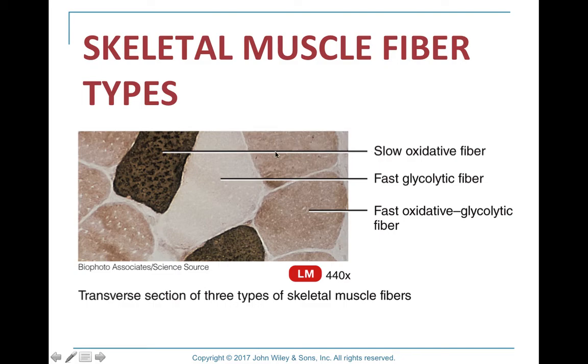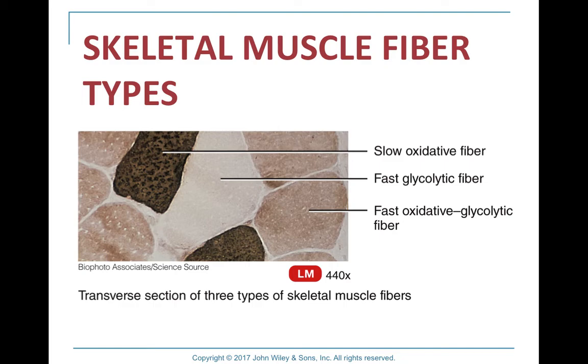The slow oxidative fibers here are great for endurance. So they're smaller. They're a darker red color, and this is because they have increased myoglobin content. So remember that myoglobin is the oxygen source, so oxidative in the name.